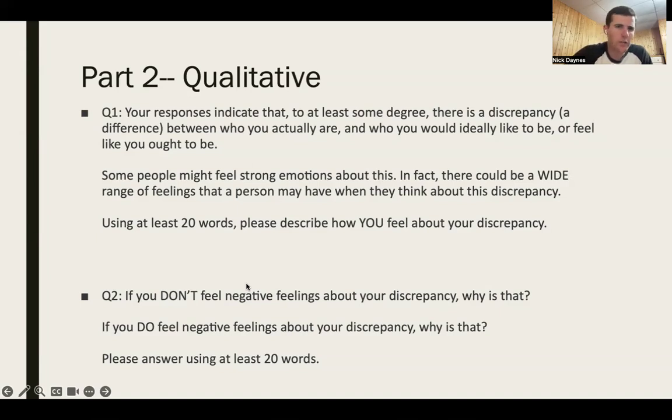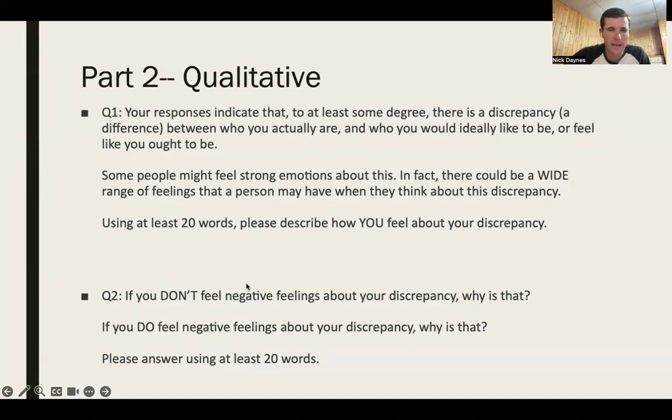Question 1. Your responses indicate that, to at least some degree, there is a discrepancy, a difference, between who you actually are and who you would ideally like to be or feel like you ought to be. Some people might feel strong emotions about this. In fact, there could be a wide range of feelings that a person may have when they think about this discrepancy. Using at least 20 words, please describe how you feel about your discrepancy.